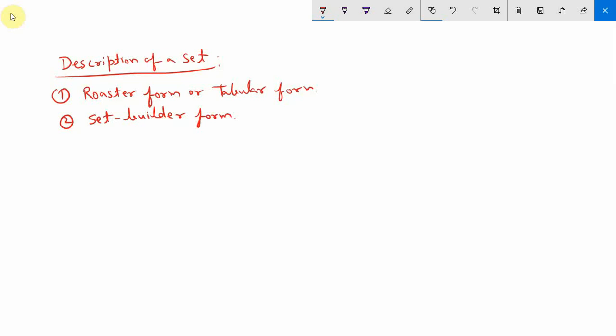Now we will see what is a roster form and set builder form.